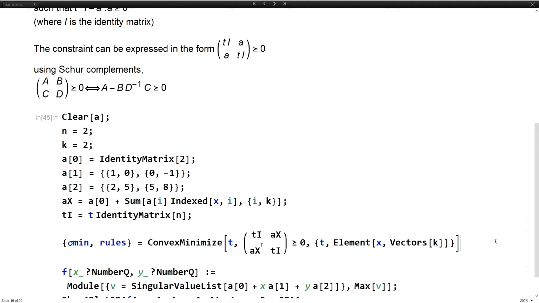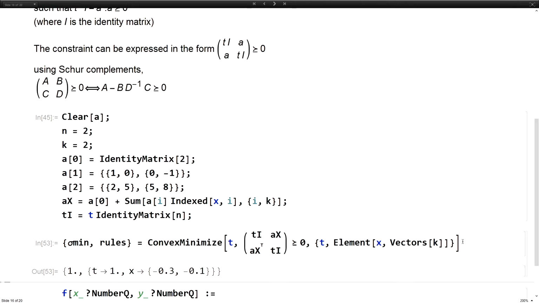One thing I want you to notice is that I've entered this as a matrix, and I've entered this as a block matrix, and the processing automatically recognizes that. Another thing the processing is doing, I can say I want this x to be a vector of length k, which in this case is 2. So I can just enter that and solve it, and it finds a solution.